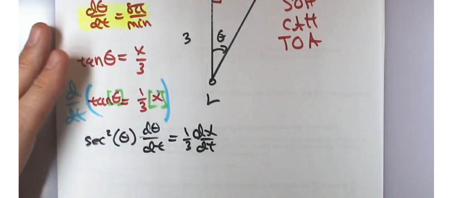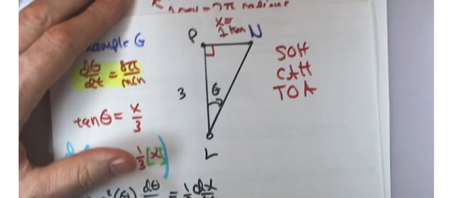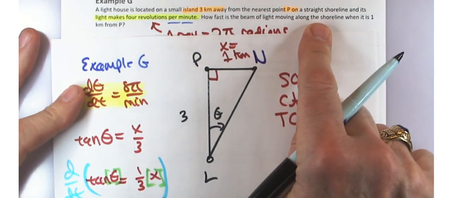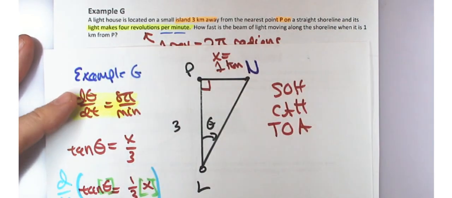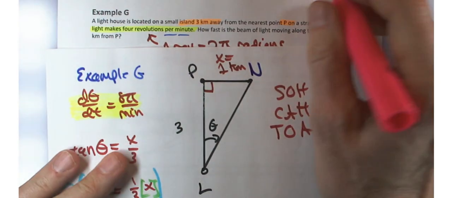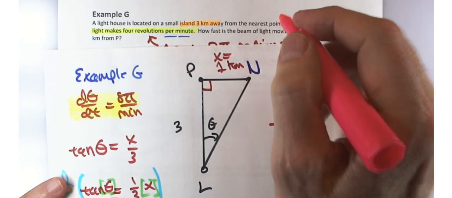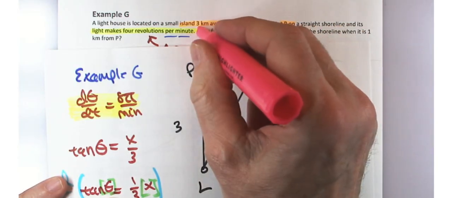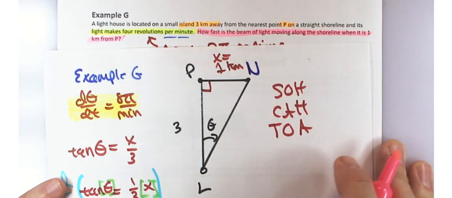Nice. Let's look back at the problem. It says, how fast is the beam of light moving along the shoreline when it's 1 kilometer from P? That's going to be something else that we're going to be looking for. The beam of light moving when it's 1 kilometer from P. What would I represent that as?